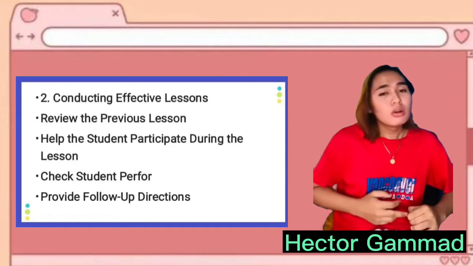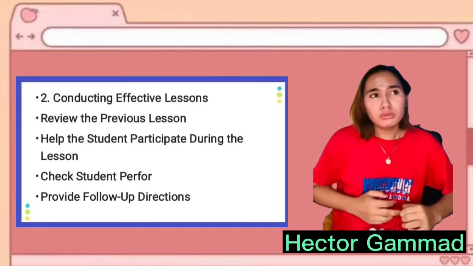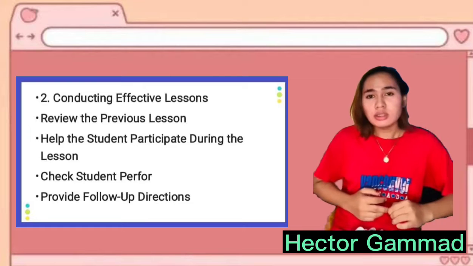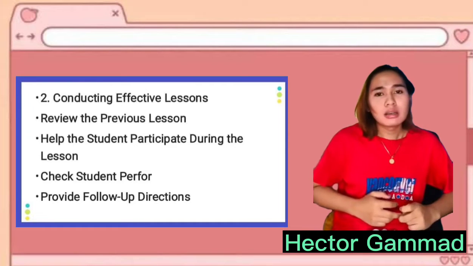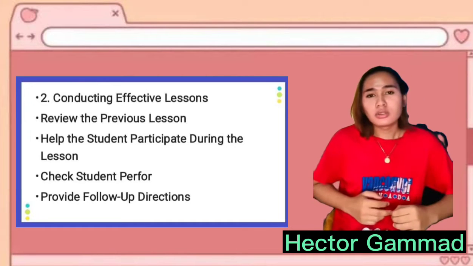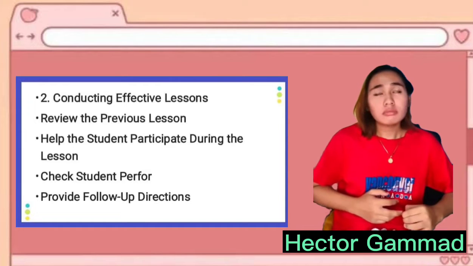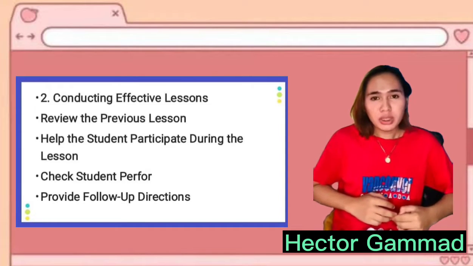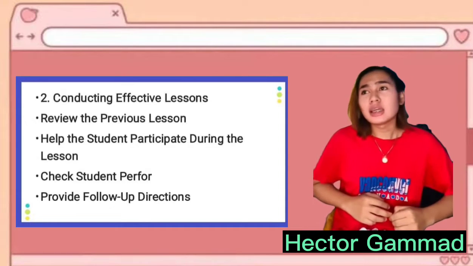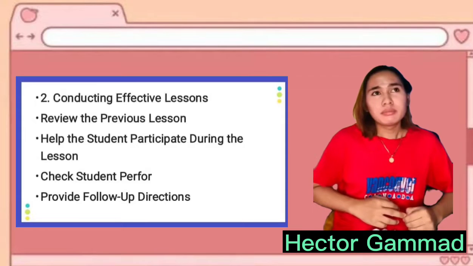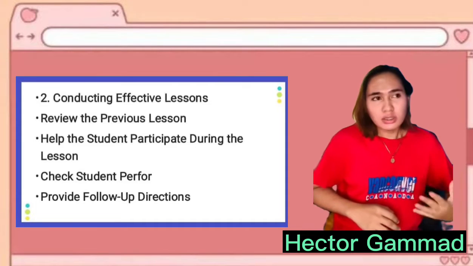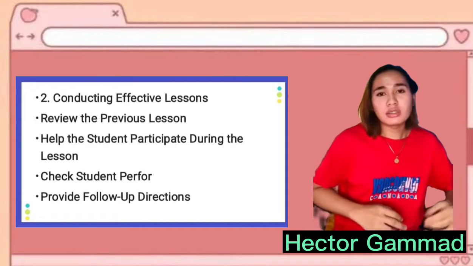If you covered how to regroup in subtraction in the past lessons, review several problems before jumping into the current lesson. Okay? Bago ka mag-discuss ng panibagong lesson, recall first the previous lessons.